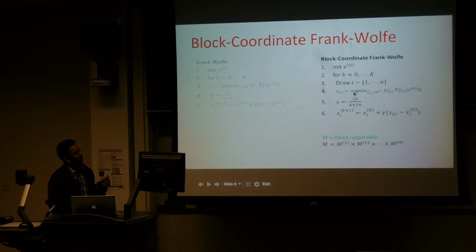That is what we are doing here: si equals the min over si of the gradient in the ith component, ith block actually. This block coordinate Frank-Wolfe algorithm is like a randomized method where you pick one of the n blocks and solve that subproblem, and you continue doing that.